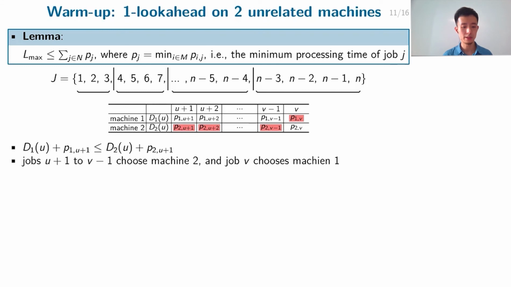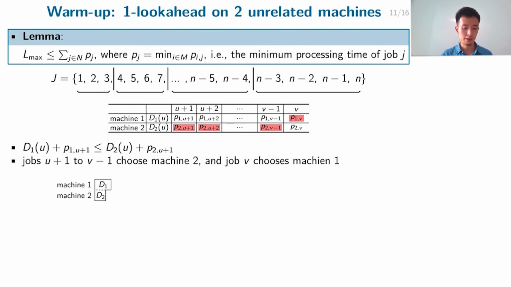The group contains jobs from U plus 1 to V, and D1U is the load of machine 1 caused by the first U jobs, and D2U is the load of machine 2 caused by the first U jobs. So the group satisfies the following conditions.